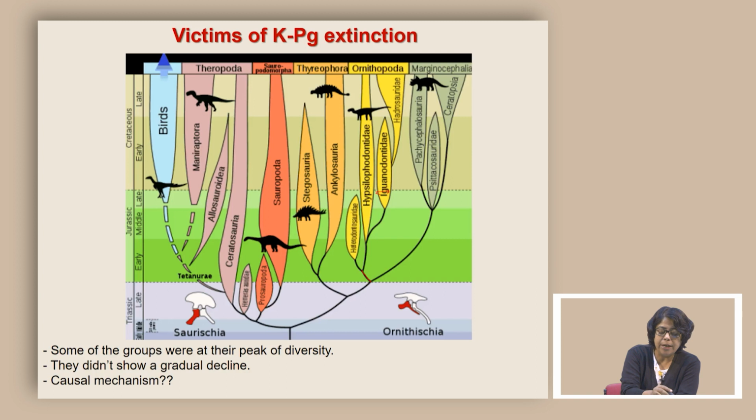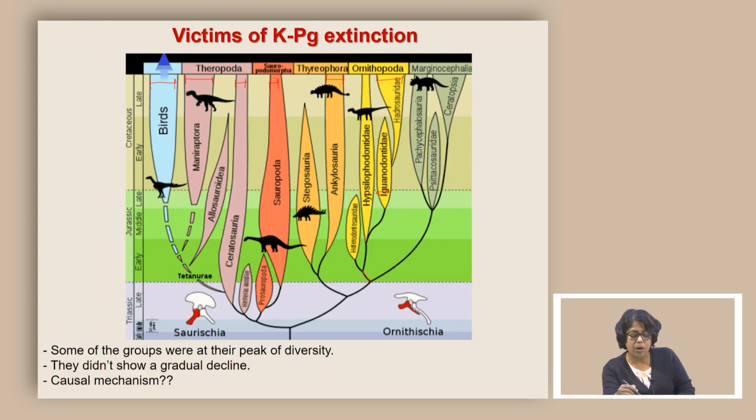When we come to the end of Cretaceous, the majority of these lines or groups are showing the maximum width, which actually tells you that they were doing just fine, and that does not really tell you that there was any gradual decline which led to the extinction.